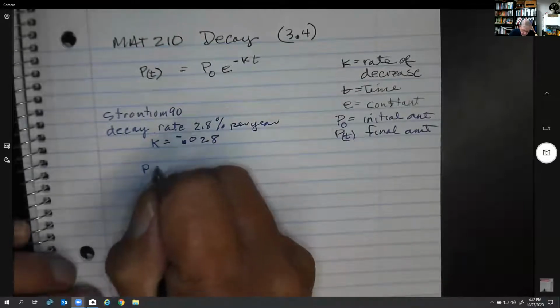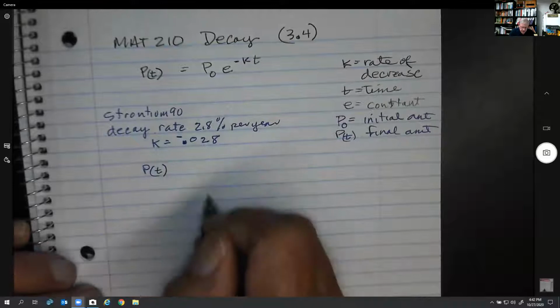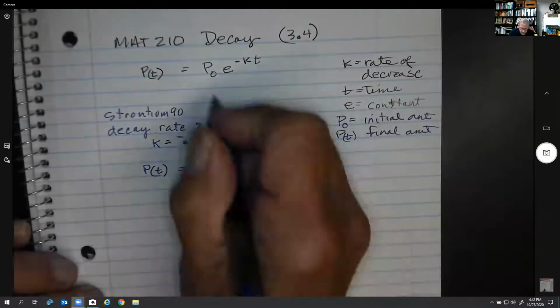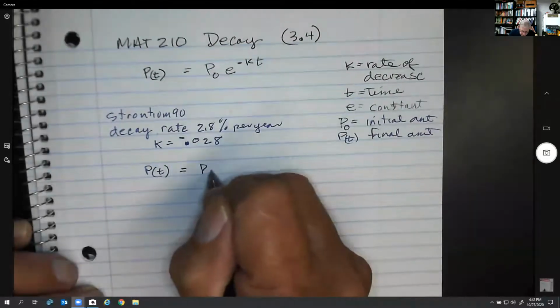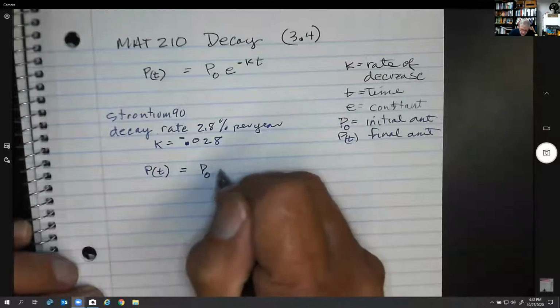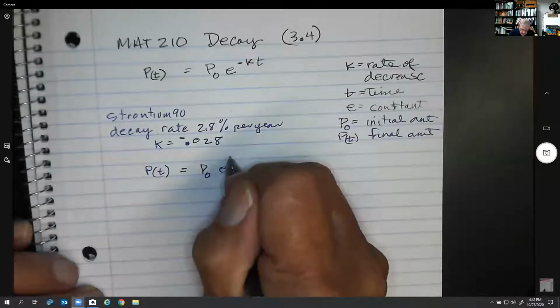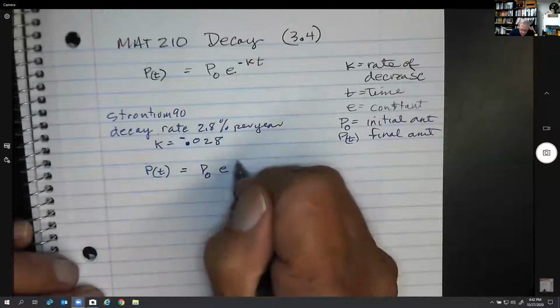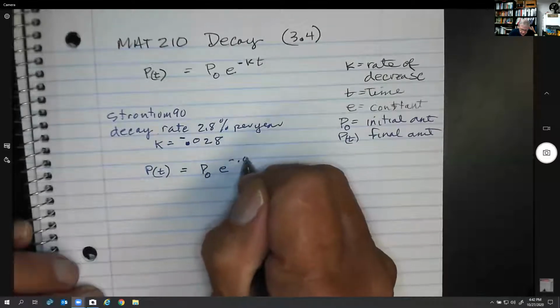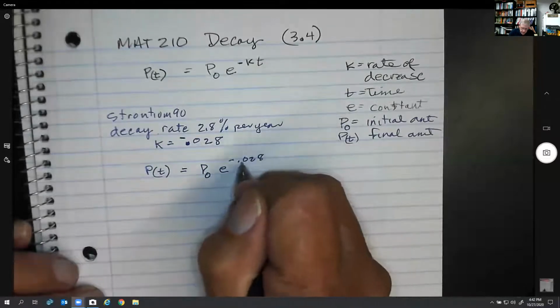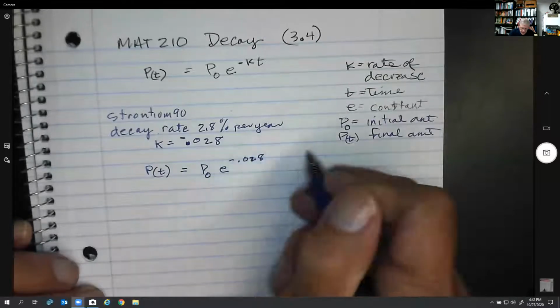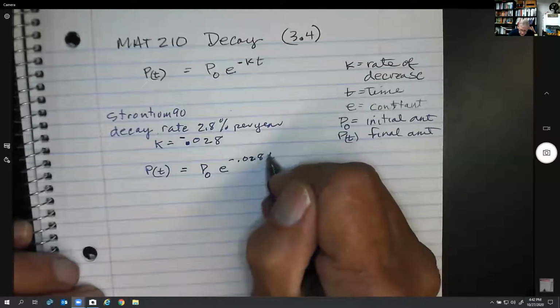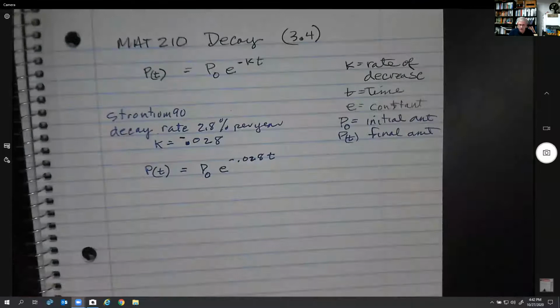And in the book, they use an N, but I'm going to just use P of T equals the initial amount times E to the negative 0.028 times T. So that's our initial formula.